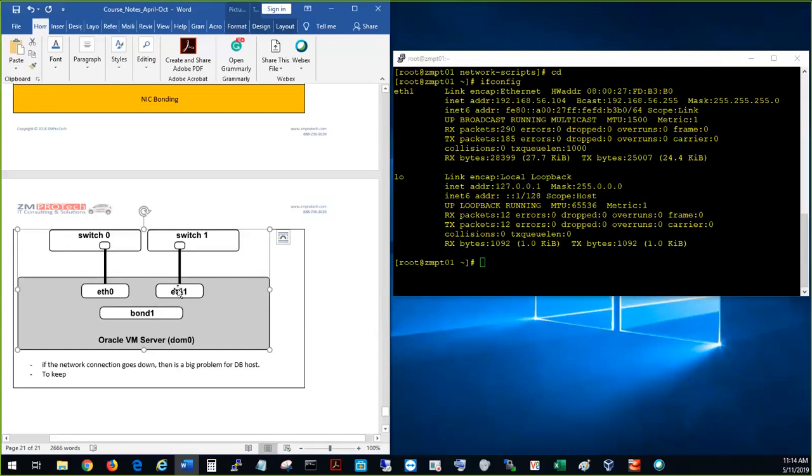In this scenario, if one interface goes down, the other one will pick up. The link goes down either because the interface goes down or the switch goes down. If this entire switch goes down, it will switch to another link, which is connected through ETH0 and switch 0.